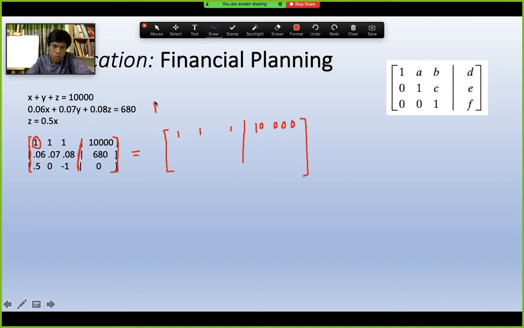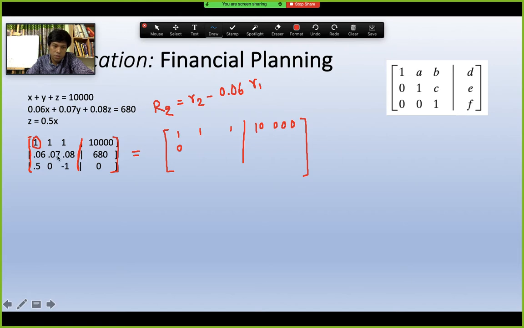So we want row 2 to be equal to row 2 minus 0.06 of row 1.